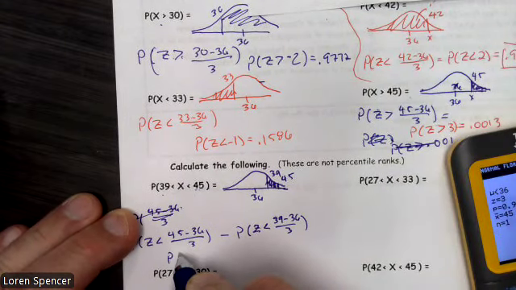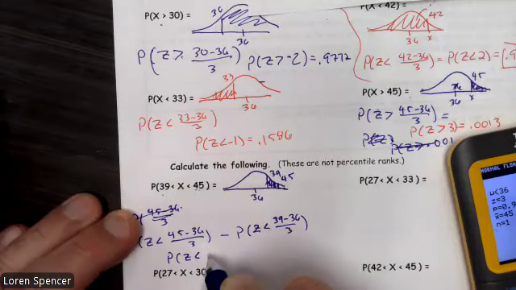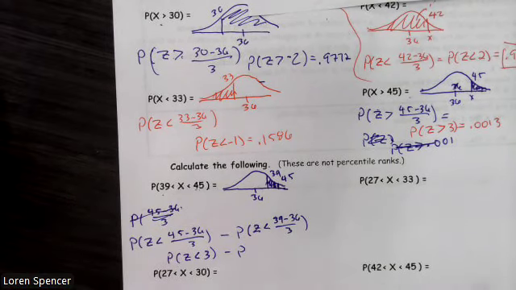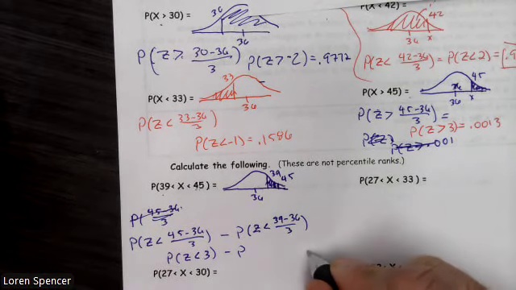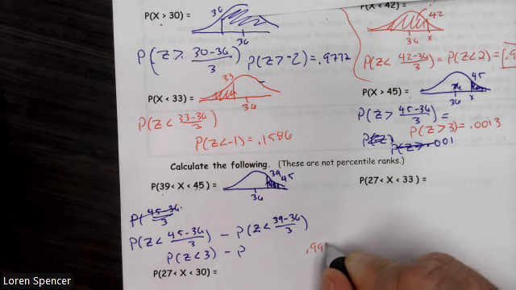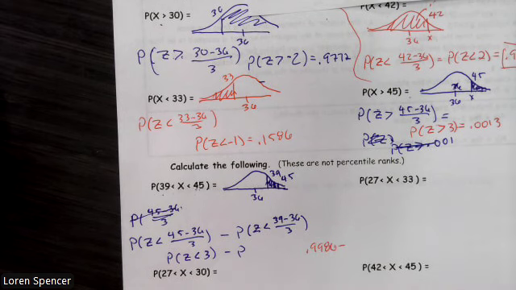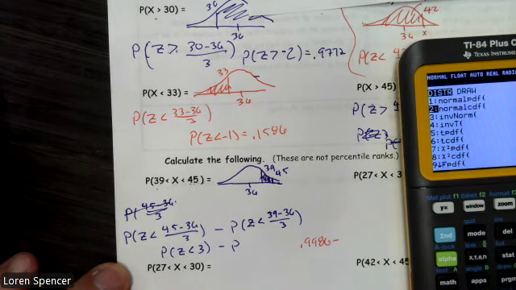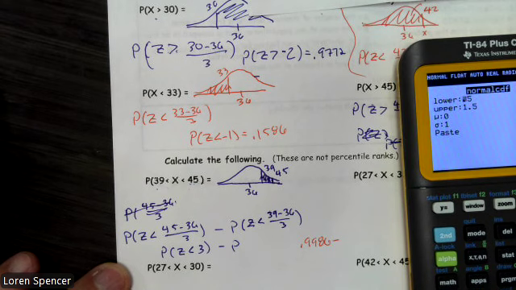So the probability that z is less than 3 is 0.9986, minus. I'm going to write that off to the side. Then we go second vars. We have to calculate the other z-score. The other z-score is 39.